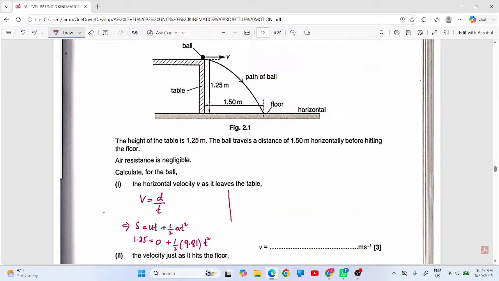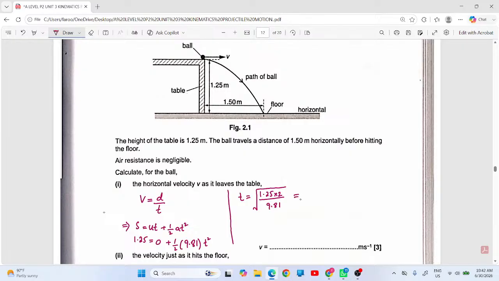So from this you calculate the time. t equals square root of 2 times 1.25 divided by 9.81.